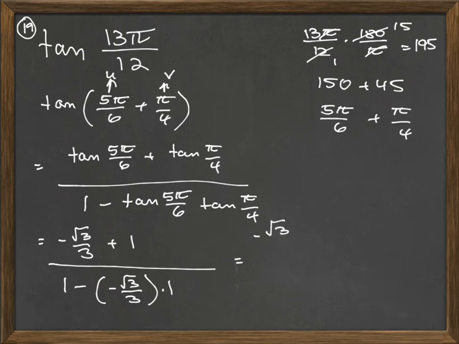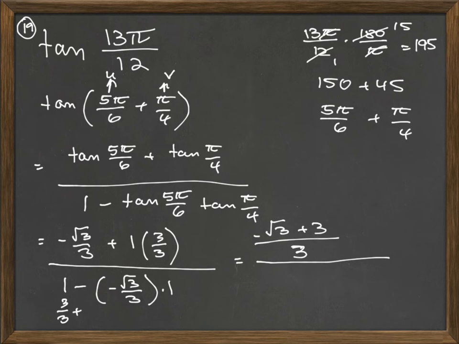Negative square root of 3 plus 3 over 3, because out of the 1 we make a 3 over 3. And here we have 3 over 3 plus square root of 3 over 3, which is 3 plus square root of 3 over 3.